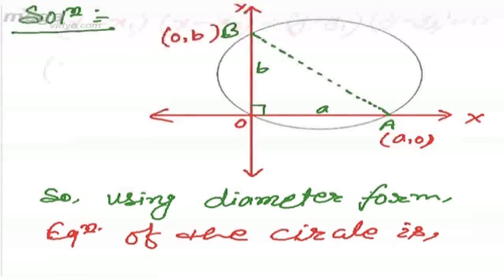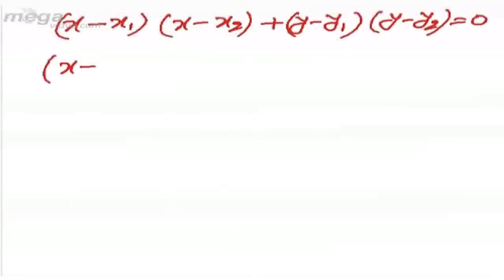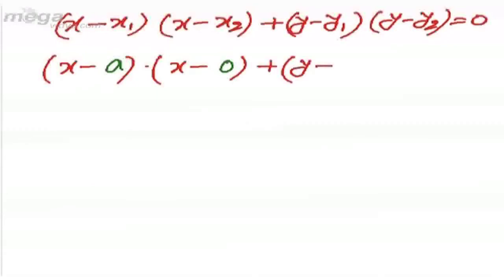So we use x minus x1, which is a, into x minus x2, which is 0, plus y minus y1, which is 0, into y minus y2, which is b, is equal to 0.